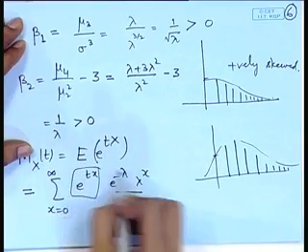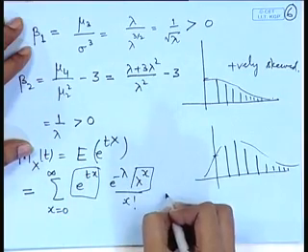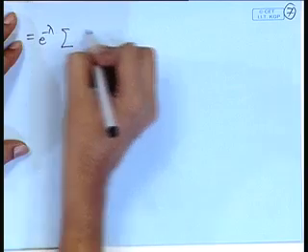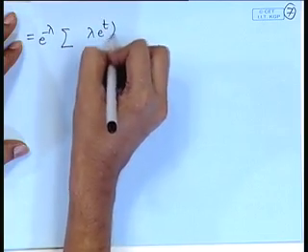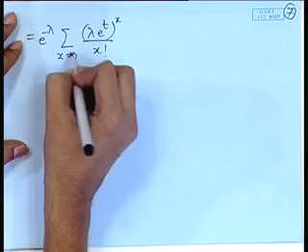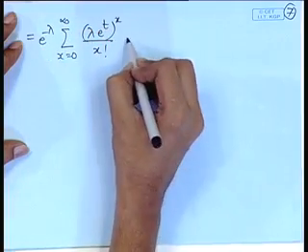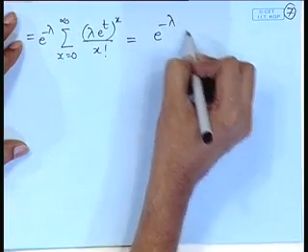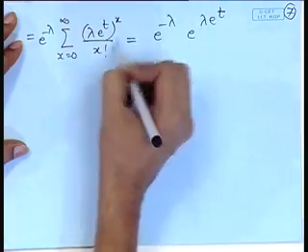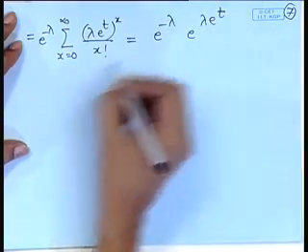Therefore, this term should be combined with this, and we get e to the power minus lambda, lambda e to the power t to the power x by x factorial, x is equal to 0 to infinity. So, this is equal to e to the power minus lambda, e to the power lambda e to the power t. This term is an expansion of e to the power lambda e to the power t.